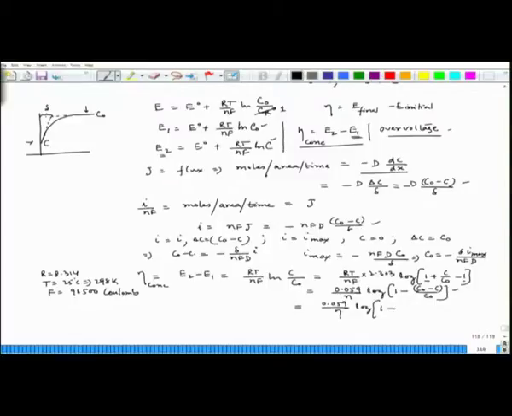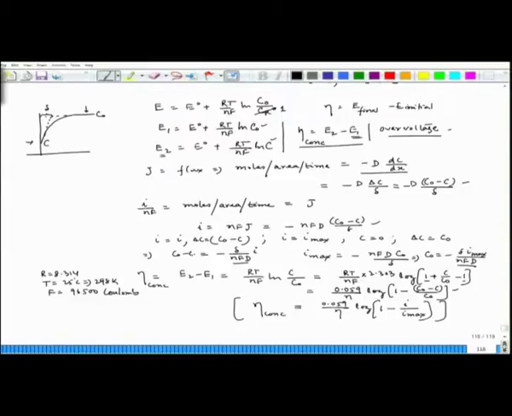So, if we put them, delta as well as this nFD part would get cancelled. So, we will be left with this equation. So, this is the expression for concentration polarization overvoltage.